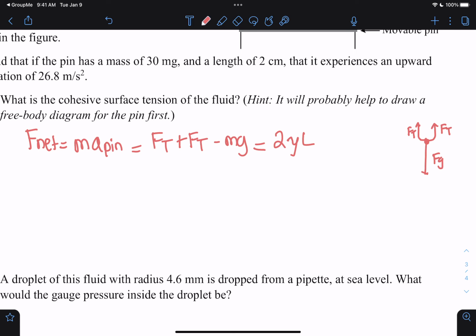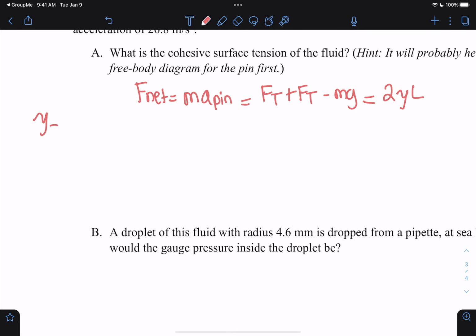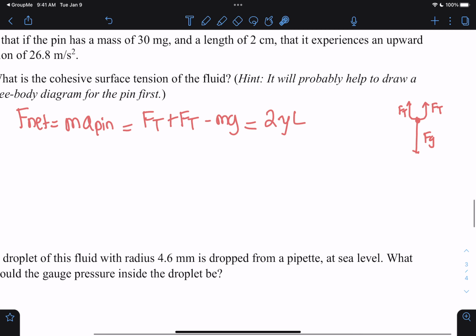The surface tension is equal to the force of tension divided by the length, right? So if we isolate for the force of tension, it should equal the surface tension times length. And we have 2 of these, so it would be 2 times the surface tension times the length for our 2 Fts here, and that's equal to, or minus, mg there.